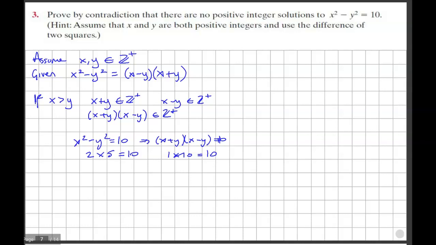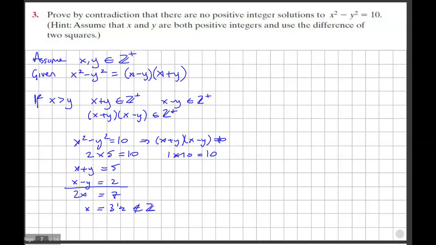Let's look at the scenario that the sum x plus y equals 5, and the difference x minus y is equal to 2. If we work through that in terms of simultaneous equations, we get 2x being 7, in which case x is equal to 3.5, which is not part of the integer set.